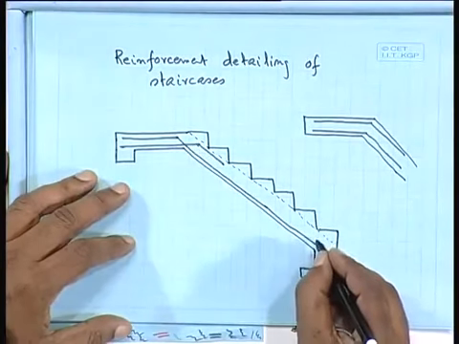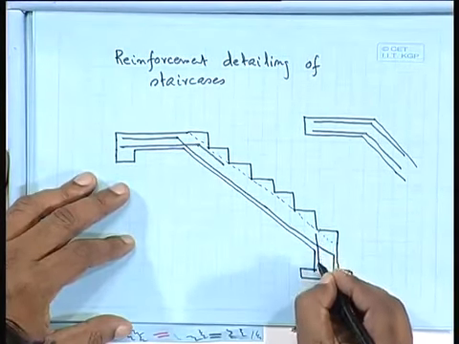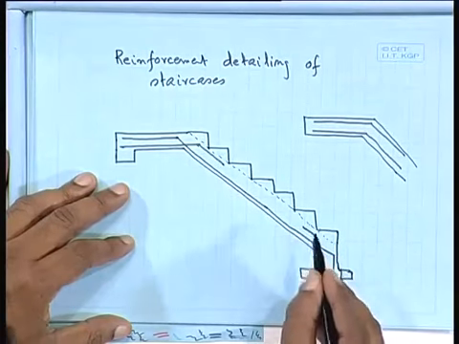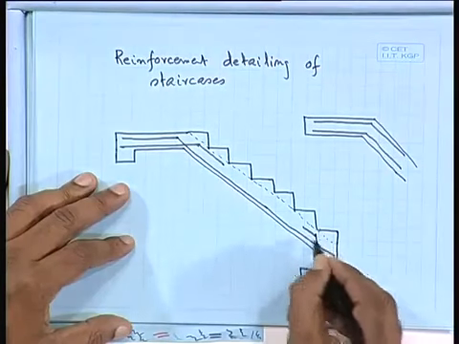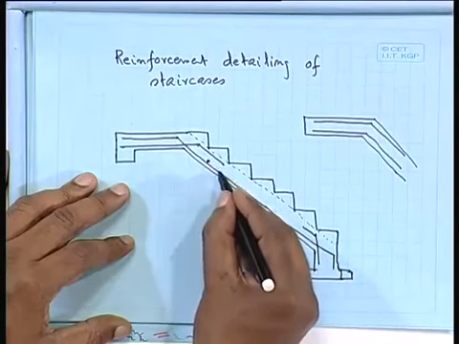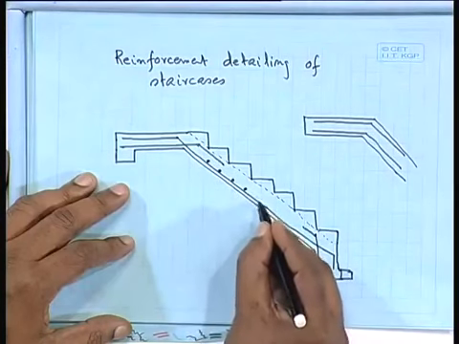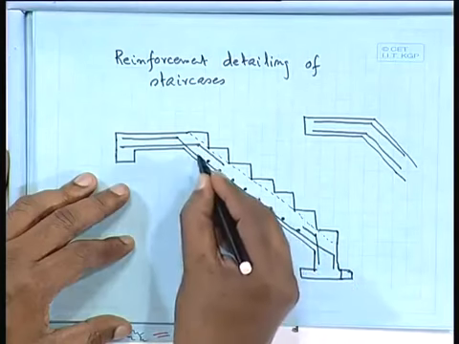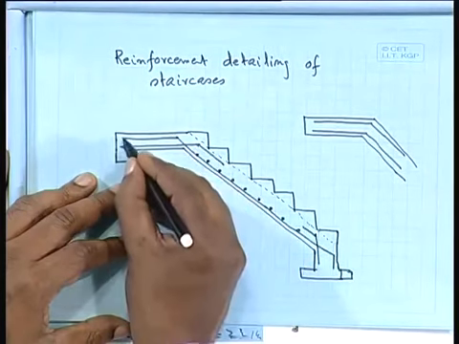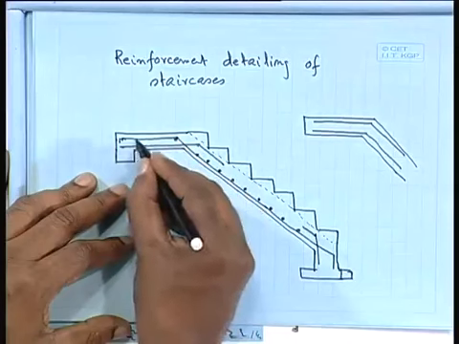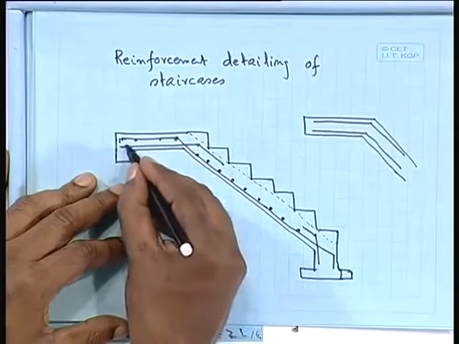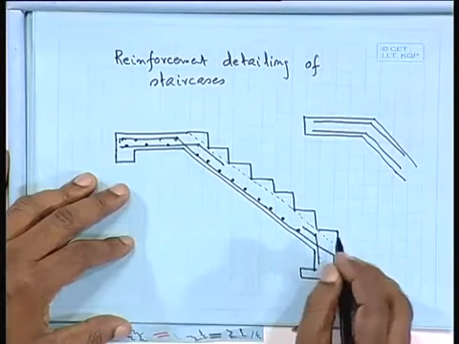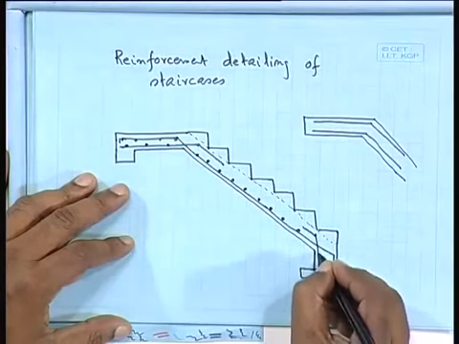Similarly, here also we provide the reinforcement like this, and the distribution steel obviously you have to provide. In all the cases, we provide the distribution steel, here as well as here.